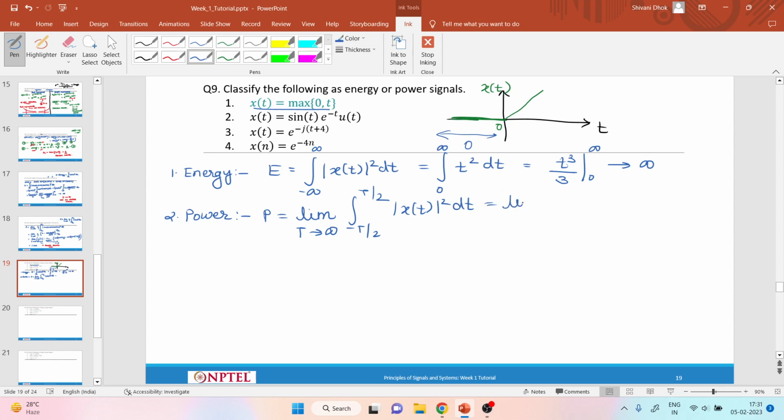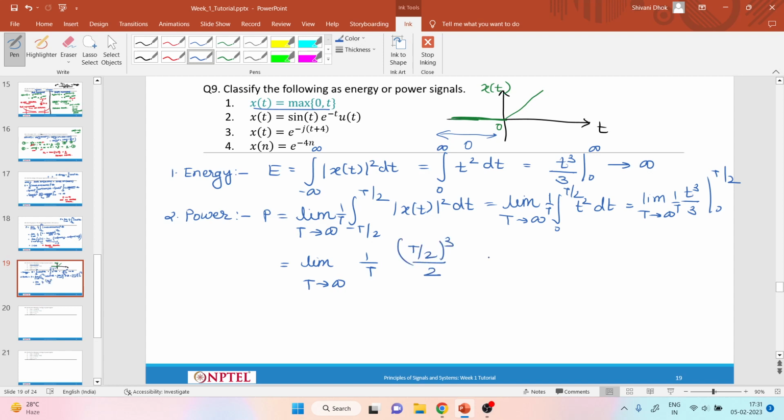That is equal to limit t tending to infinity, 1 by t times t cube by 3 from 0 to t by 2, which is 1 by t times t by 2 to the power 3.